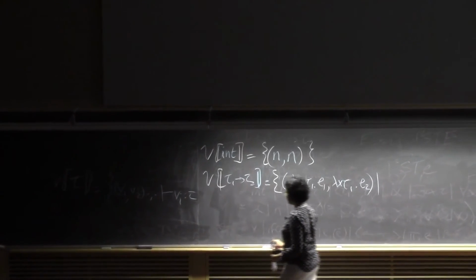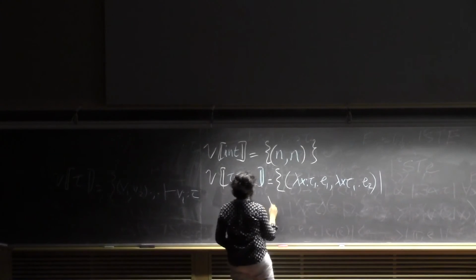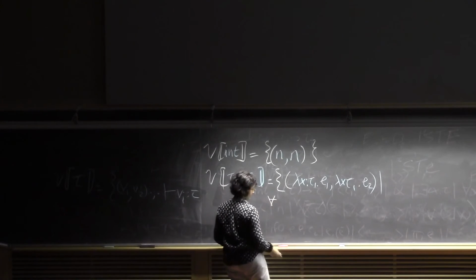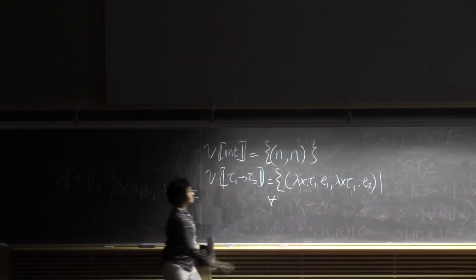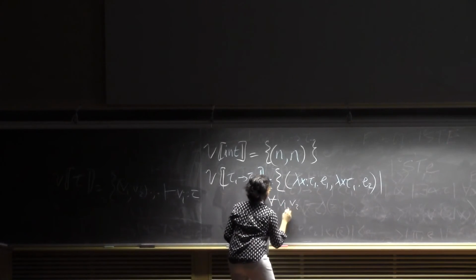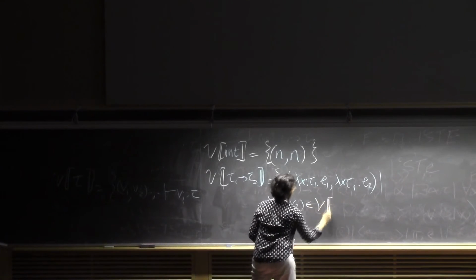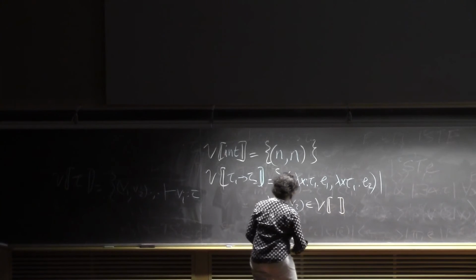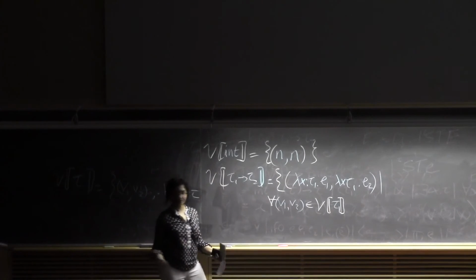And when are they related? When you give me two related inputs, what color are those inputs going to be? When you give me a V1 and a V2 that are related in the argument type, tau 1, right?